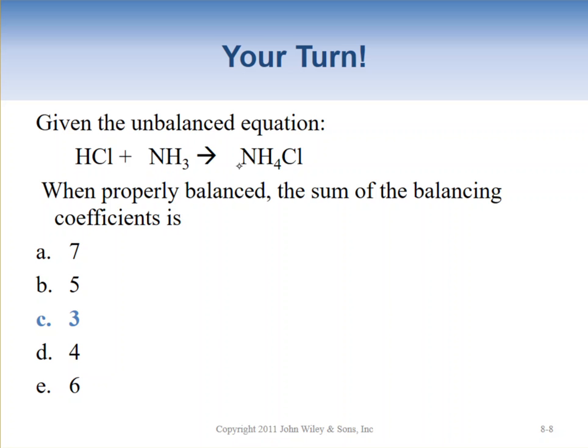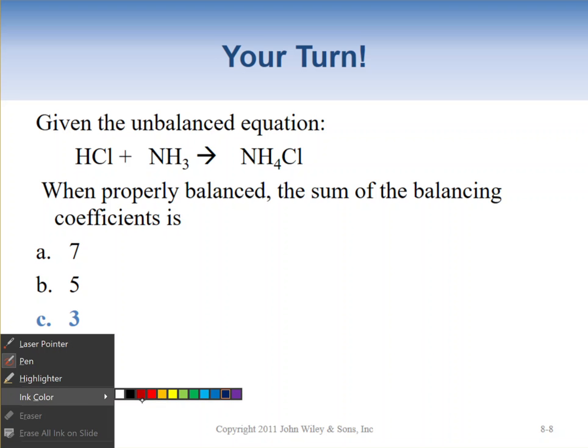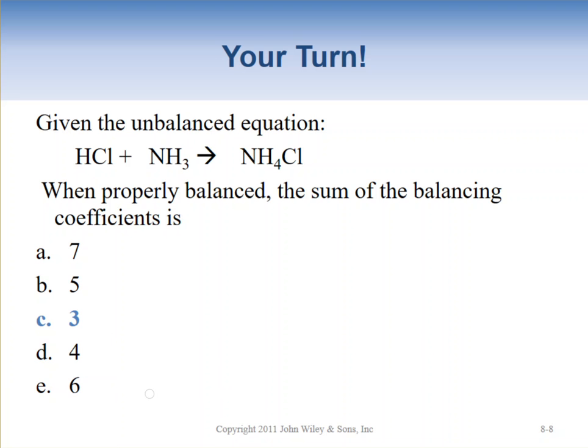So they're already balanced. Now, in terms of hydrogen, you get 1 hydrogen from hydrochloric acid. So 1 hydrogen here, and 3 hydrogens from ammonia. That's a total of 4 hydrogen for the reactants, and you have 4 hydrogen on the product side too.